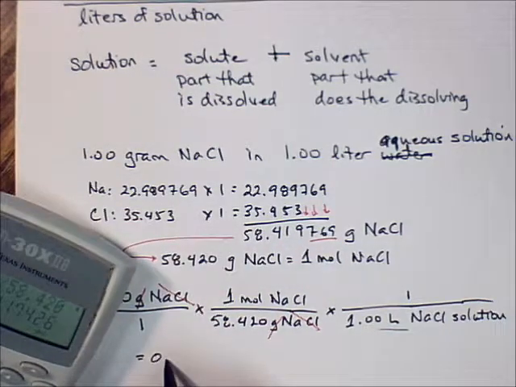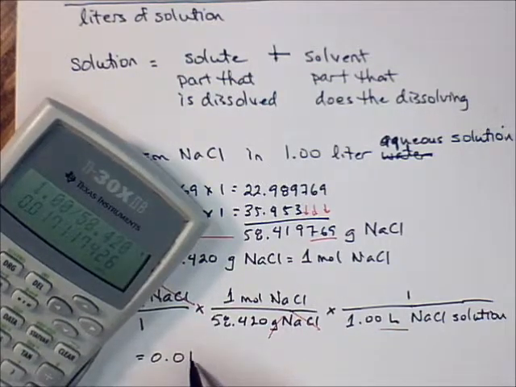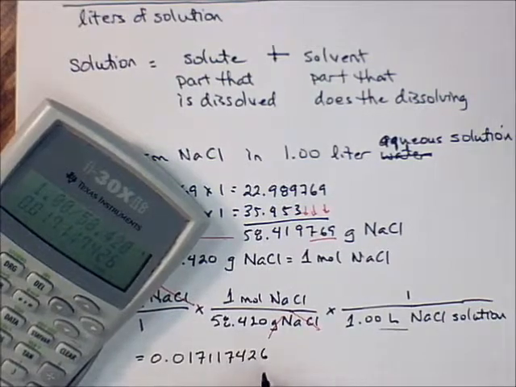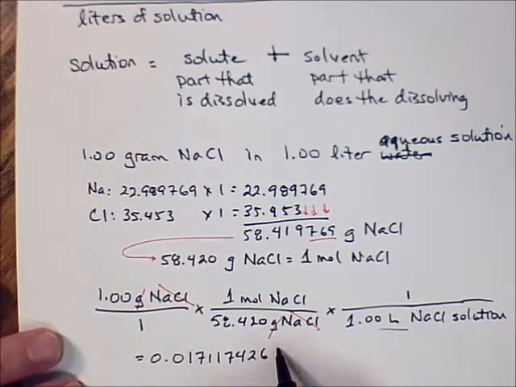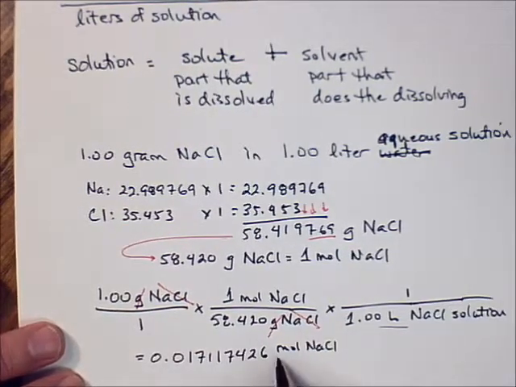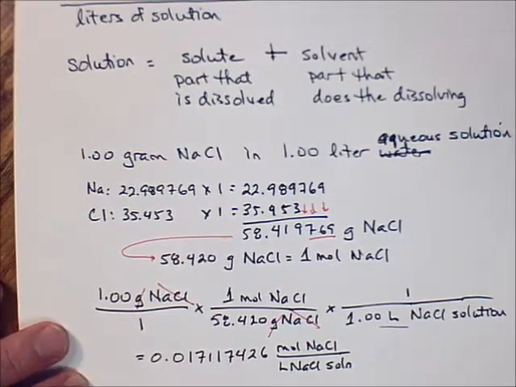So 0.017117426. Let's see. What we have left are moles NaCl over liters of NaCl solution. SOLN is a shorthand for solution.